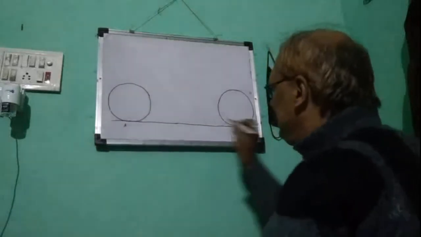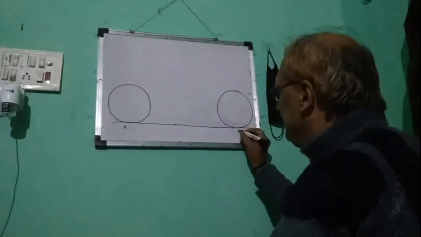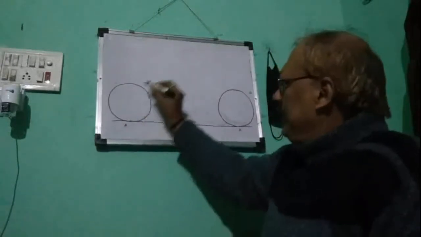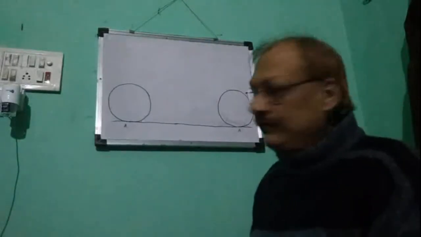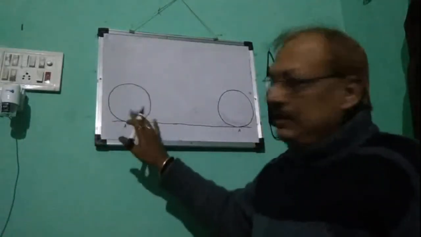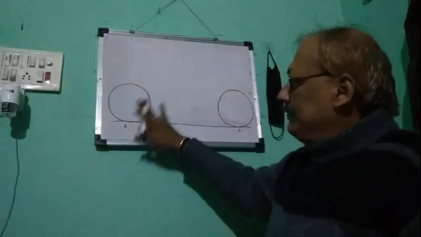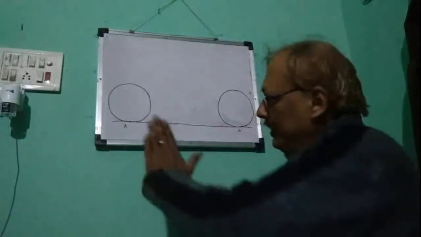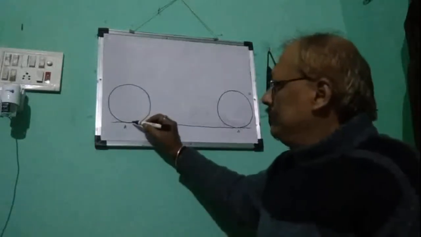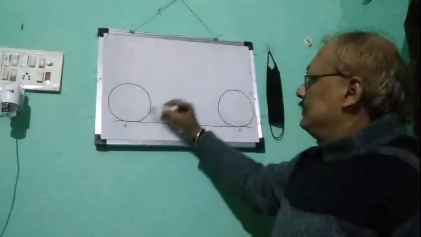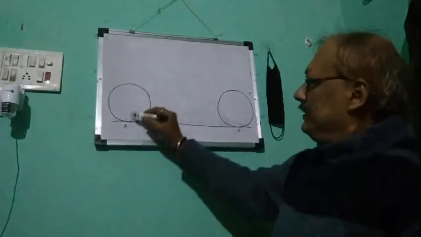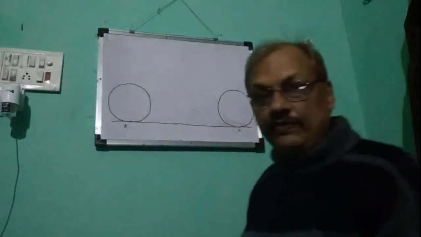So this A will again come here. So the locus of A throughout its journey, when the circle, which may be a disc, was rolling without slipping point to point along a straight line, like this would be its highest point, the apogee, and like this it will be made. That we will try to make.